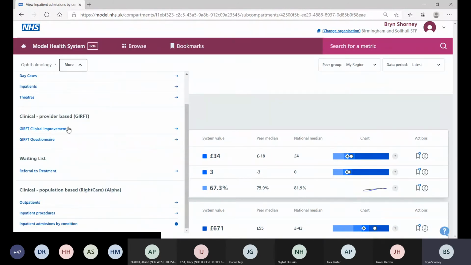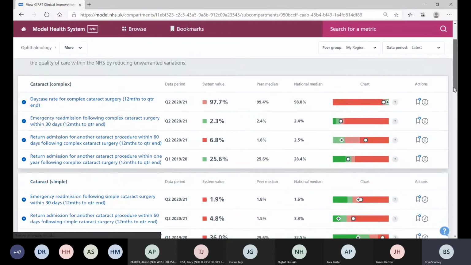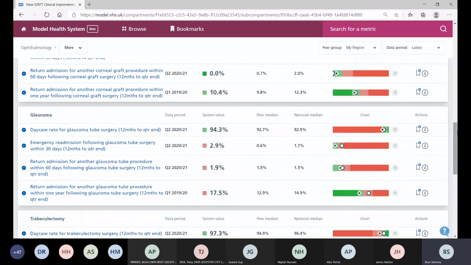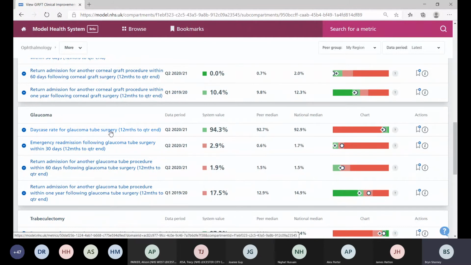So just as an example of that, within the GIRFT data here, in the glaucoma section, we've got the day case rate for glaucoma tube surgery, whereas within the Rightcare data we've got all glaucoma admissions, and tube surgery is, I think off the top of my head, roughly a third of all the glaucoma admissions.